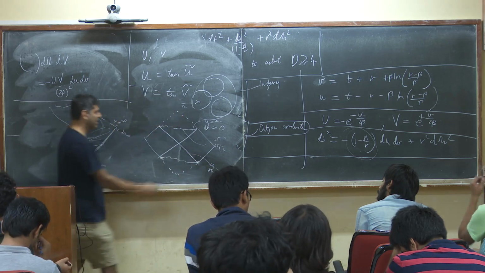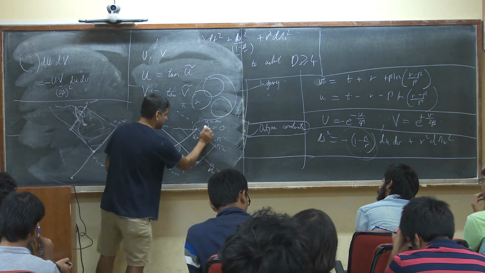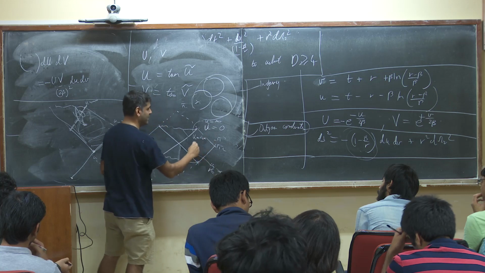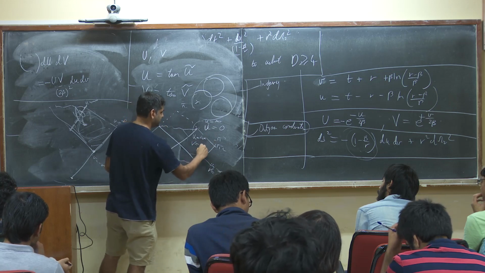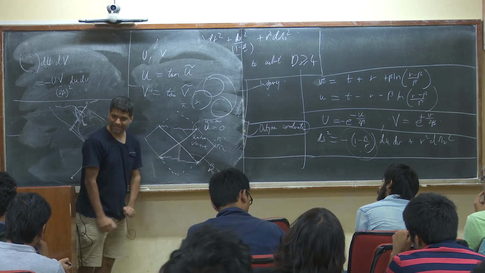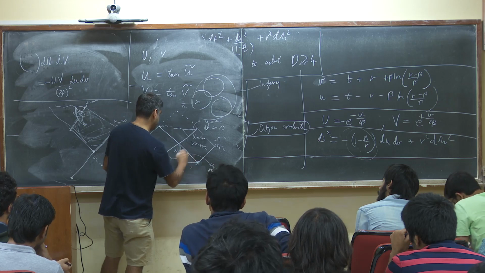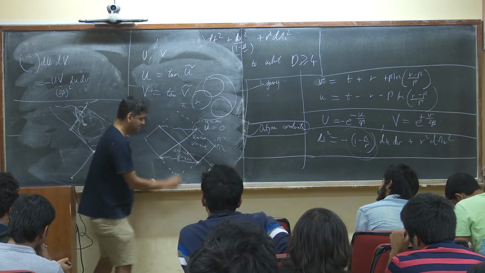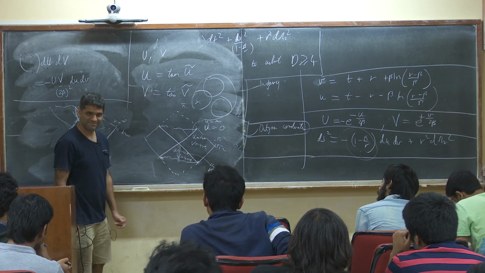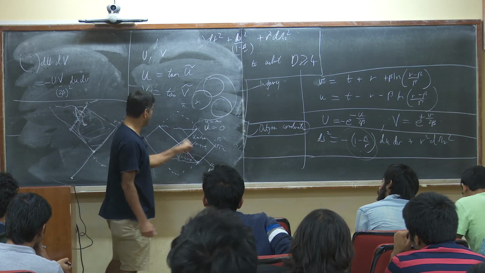Okay? Now here what do we have? Here we have U is equal to negative, and V is equal to positive. But V switches sign here. So we have U is equal to minus and V is equal to plus. Here V doesn't switch sign, but U does.